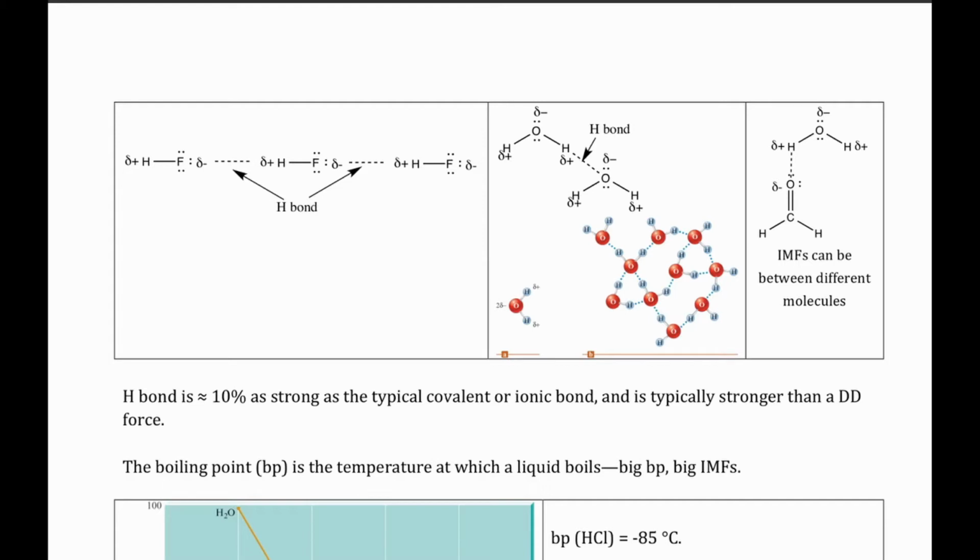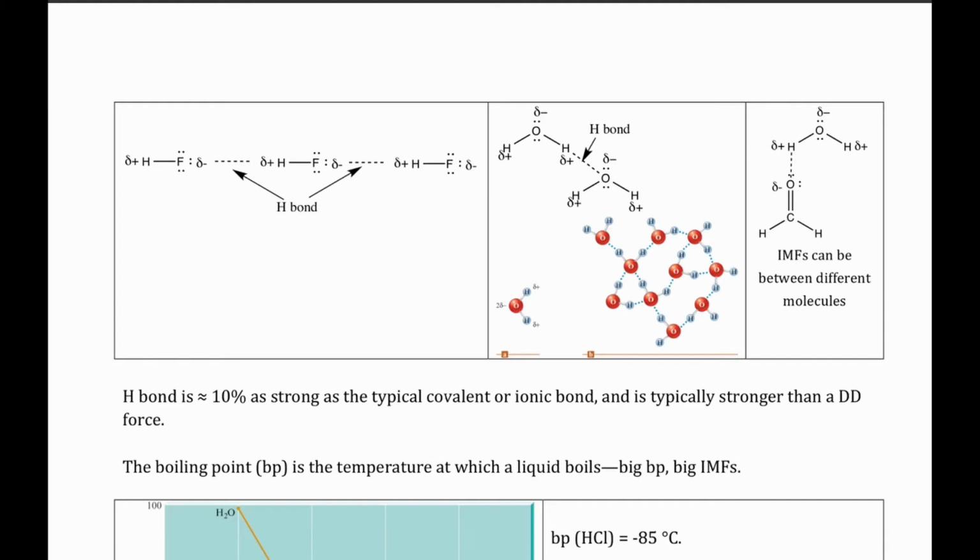In the third diagram, we have water and formaldehyde, which is this C double bond O molecule with two H's on the C. So indeed, in the CH2O, the lower molecule in that picture, we don't have H bonded to O. But in water, we do have H bonded to O. So the H of water is attracted with the hydrogen bond to the O of the lower molecule.